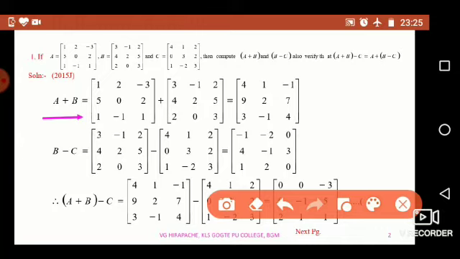Therefore, matrix A contains the first row elements 1, 2, minus 3, second row elements 5, 0, 2, and third row elements 1, minus 1, 1. Plus another matrix B, which contains the elements 3, minus 1, 2, 4, 2, 5, 2, 0, 3. As per the algebraic operation on matrices, we know how to add the elements. We add the corresponding elements of both the matrices.